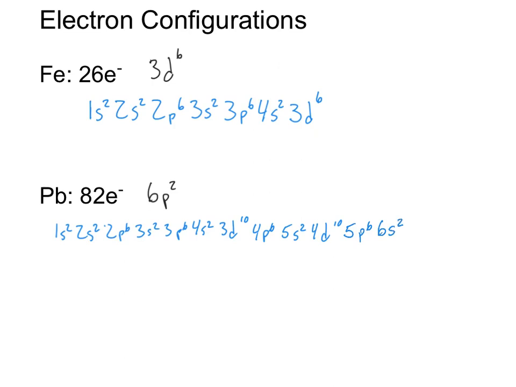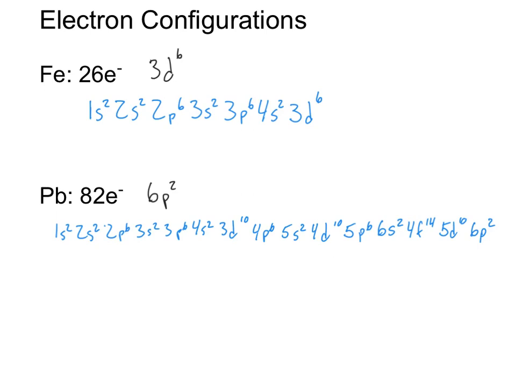And then remember that after 6s, we go back and fill our 4f. And then we move on to 5d. And finally, 6p. We said that lead has to end with 2.